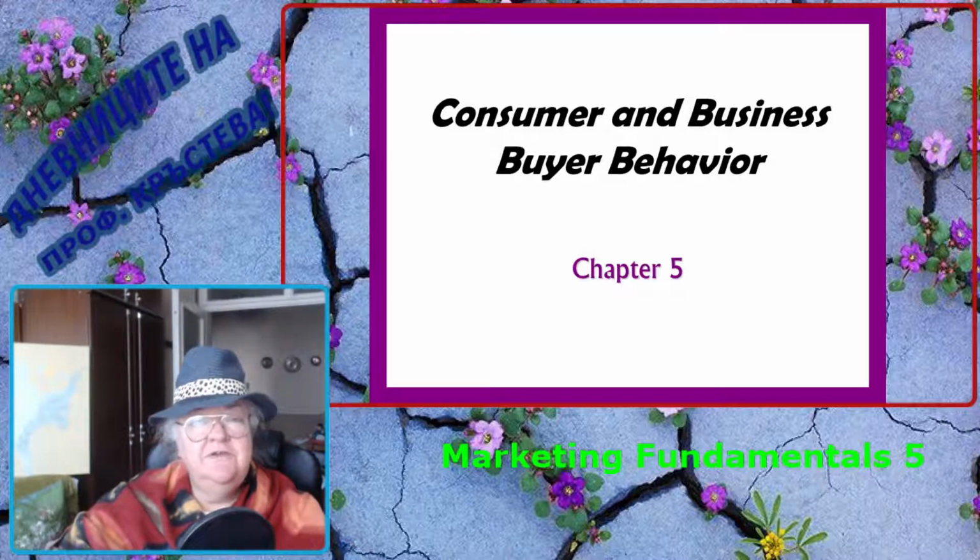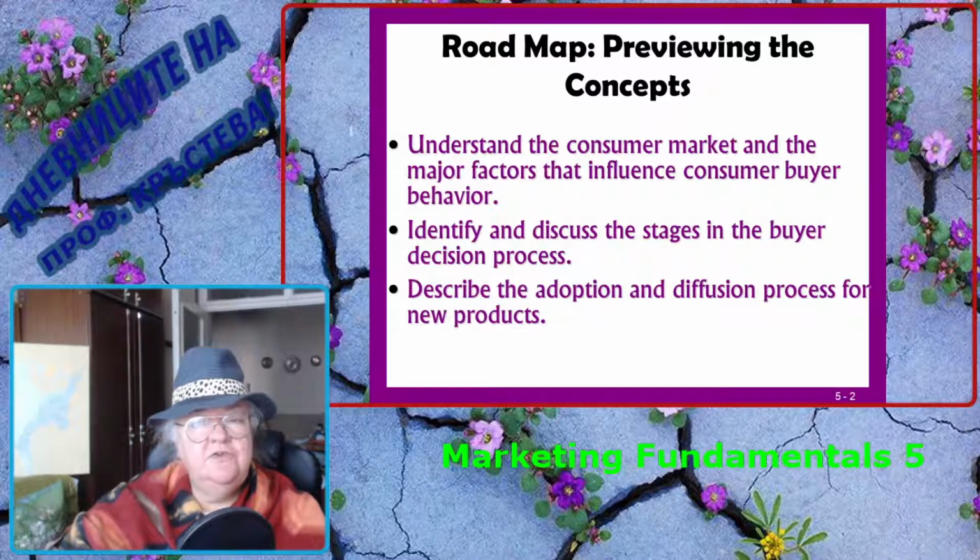Today's lecture is about consumer and business buyer behavior. Why it is so important and which are the main concepts that we shall go through in this video. First, we shall try to understand the consumer market and the major factors that influence consumer buyer behavior.